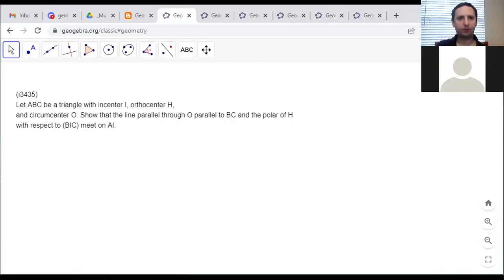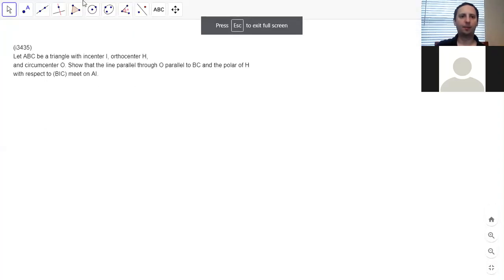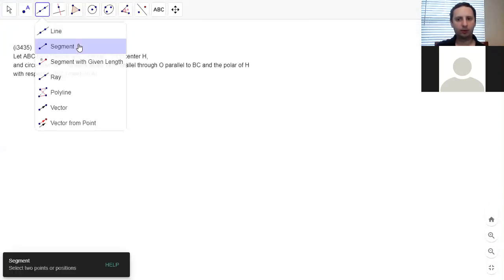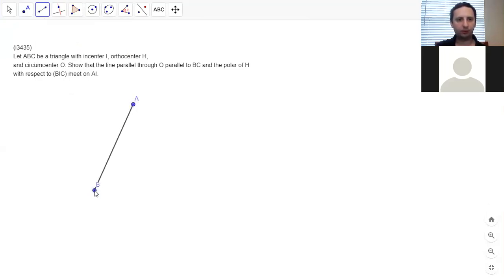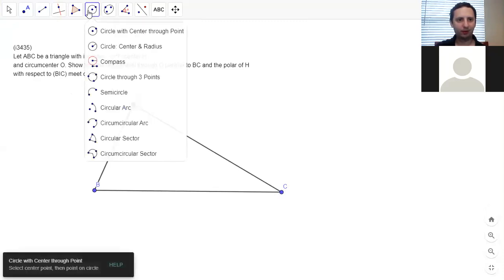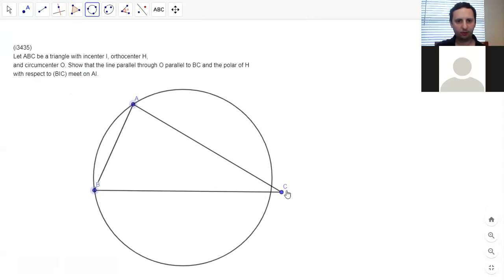All right, so here's the first question. This one looked like the easiest. We have a triangle with incenter I, orthocenter H, and circumcenter O. The rest of them look harder, but this one, I don't know how easy or hard it is really.